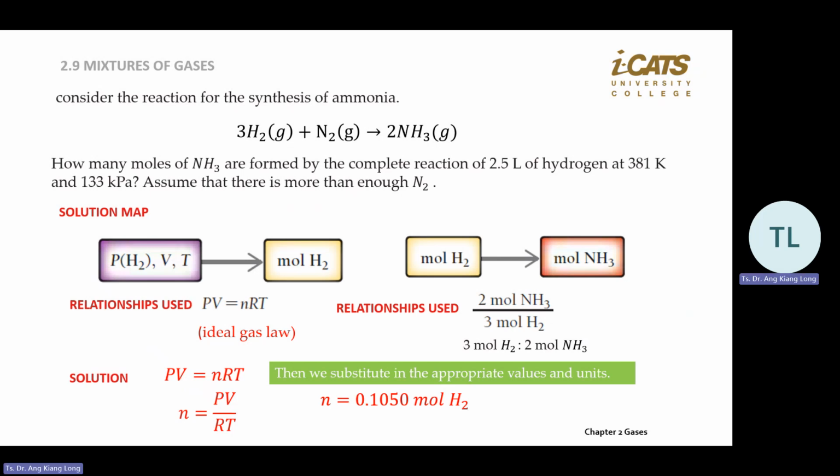Now you get 0.150 mole H2 equal, you don't know, x. What do you do? Cross multiply. 3x equal to 2 multiply 0.150. Rearrange.